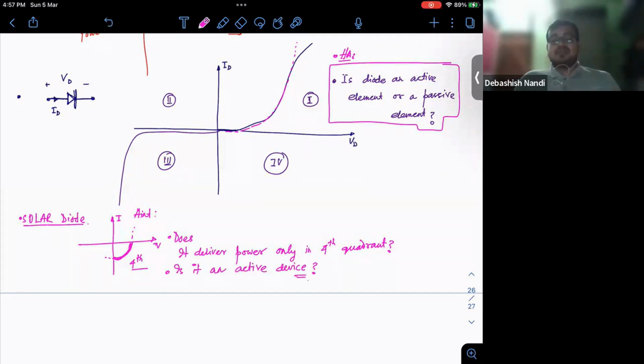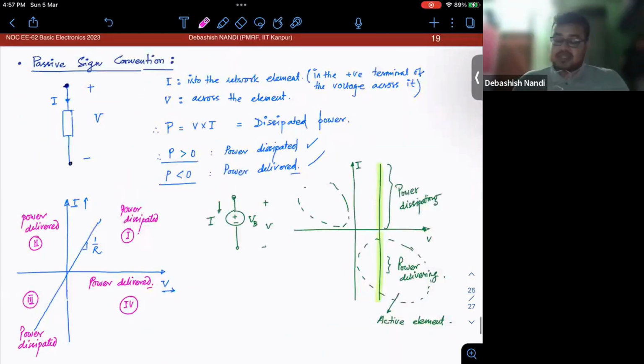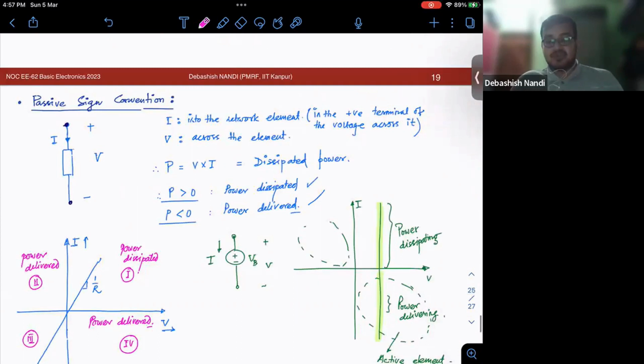These are some very interesting questions. But rest assured that this passive sign convention you should be following in every circuit analysis for capacitances, inductances, control sources, everything, right? And why is my control source not an active element? Because for my control source, the input-output relation will have a certain state.